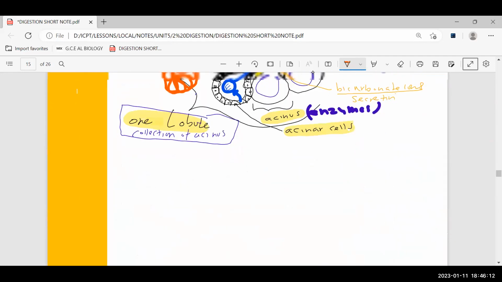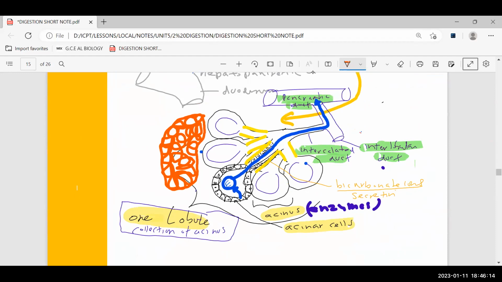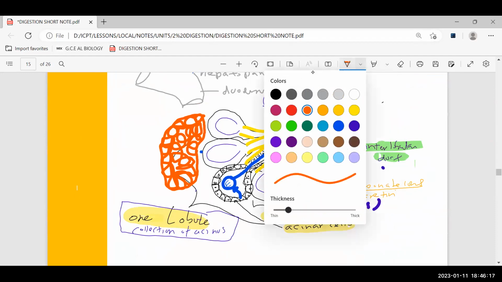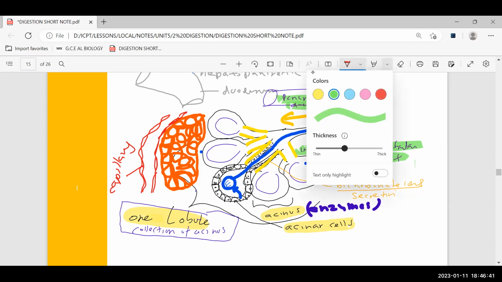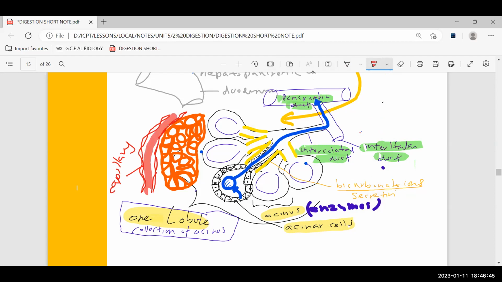Okay, now what is this red color area? The red color area has direct contact with the blood vessels called capillaries. This is a small blood vessel called a capillary. What is inside the capillary is the blood.